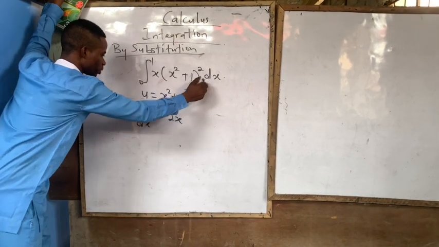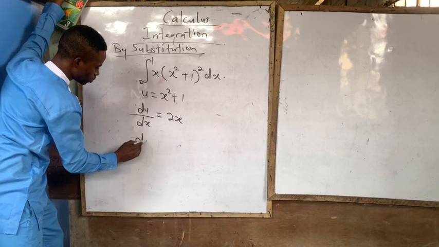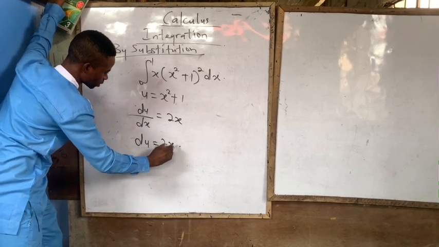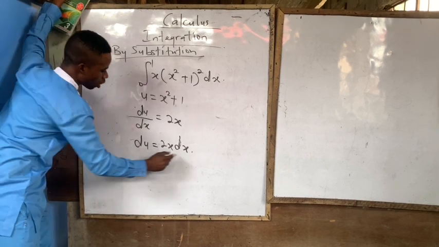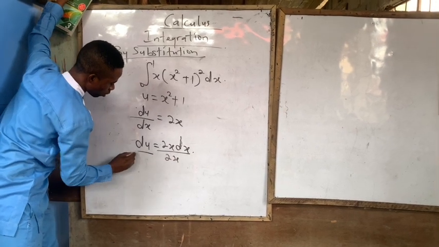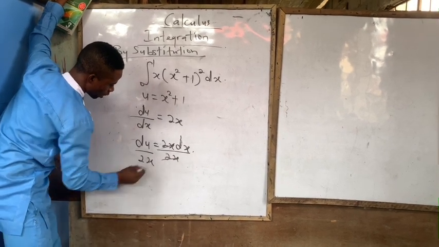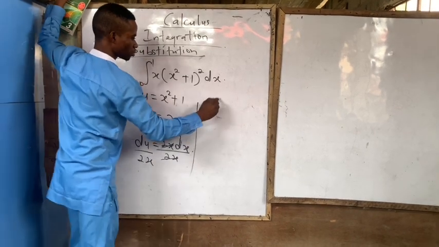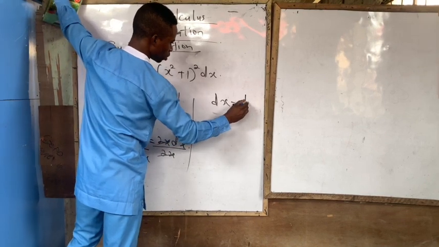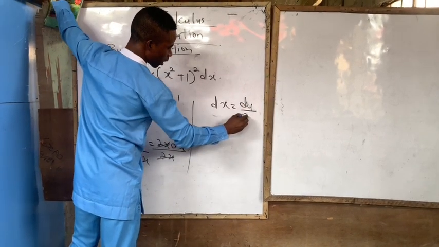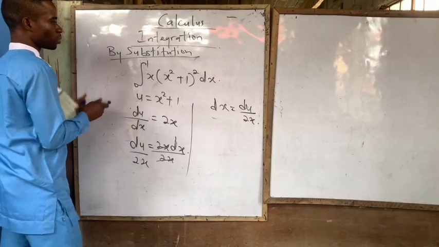So we are finding dx, don't forget. That means our du equals 2x dx when you cross multiply. Divide all over 2x, that means our dx equals du all over 2x. That means I've gotten my dx.